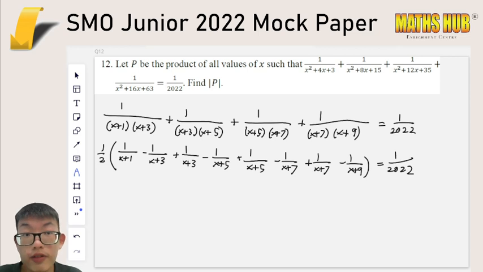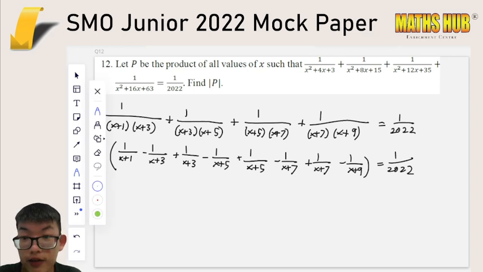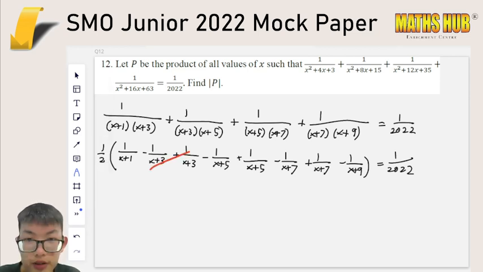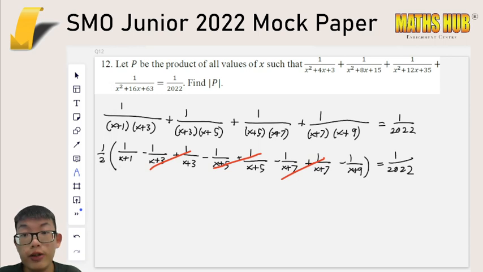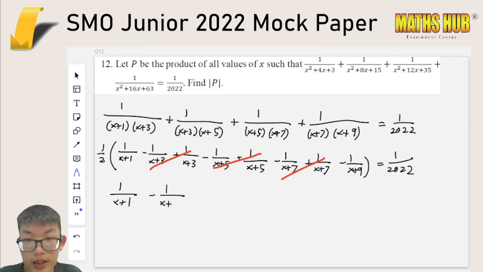Great. So I can do a few things. One is, of course, to cancel out all the things that are repeated. So we have only got 2 simple fractions instead of 4 rather messy looking fractions. I shall also multiply 2 over. So we have 1 over x plus 1 minus 1 over x plus 9 equals 1 over 1011.